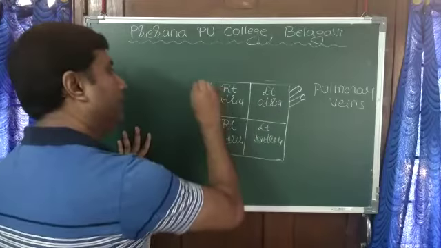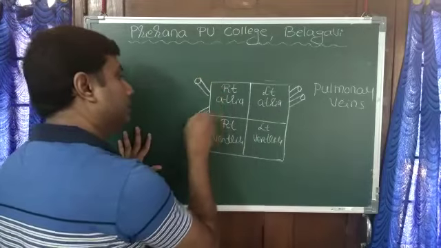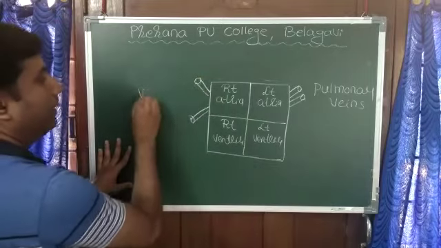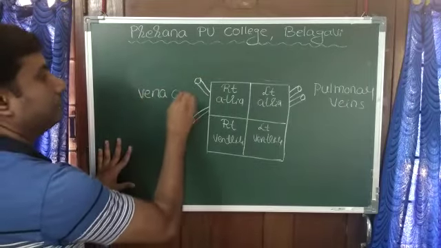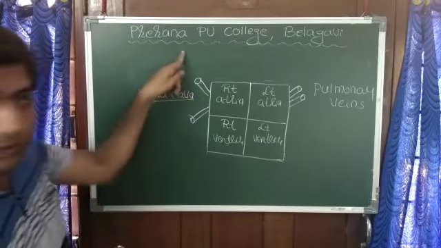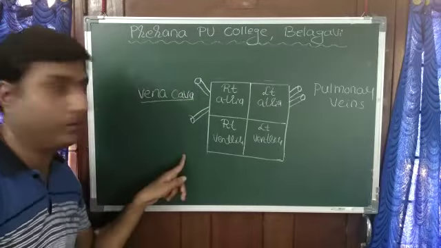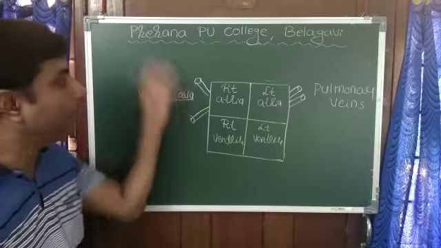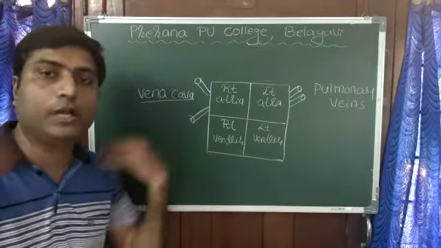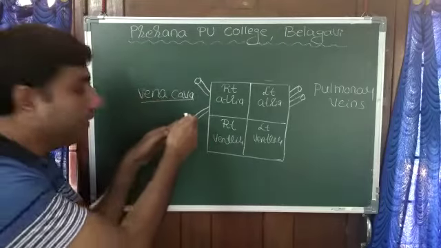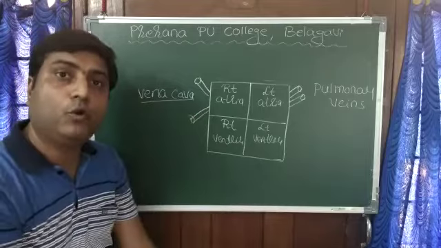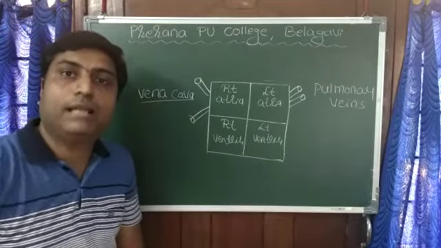Similarly, here are the other blood vessels, symbolically represented. These are the vena cava. This is the superior vena cava and this is the inferior vena cava. The superior vena cava brings impure blood from the upper part of the body, from the shoulder and head. The inferior vena cava brings impure, deoxygenated blood from the lower part of the body, stomach, legs and so on.